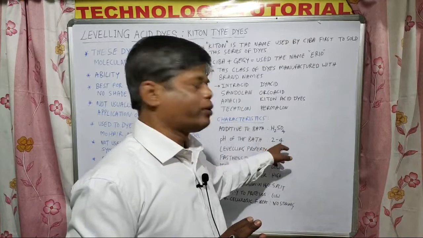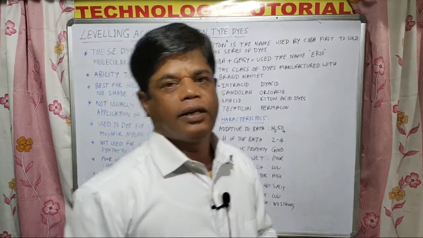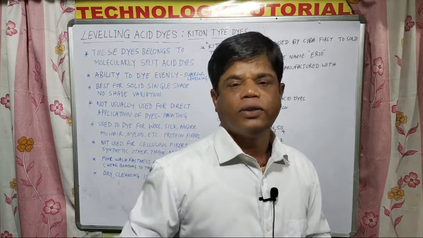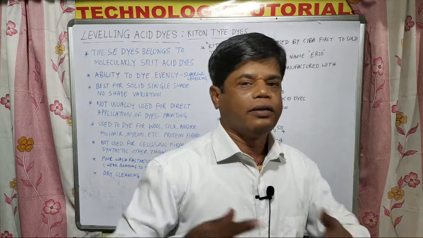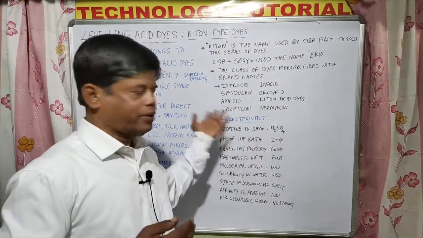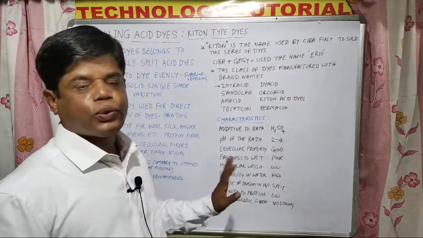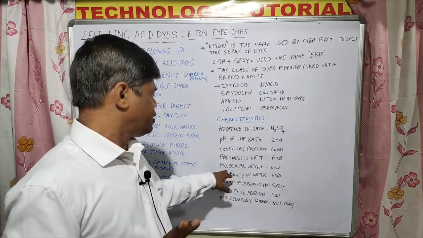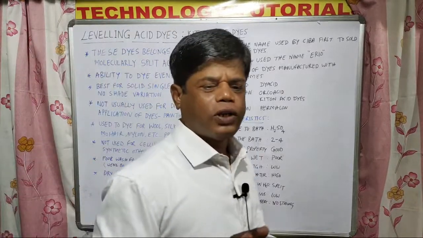Usually pH 2 to 4 is maintained. If acid is not there, the dyeing will not take place. Leveling property is good, since it is meant for leveling. Fastness to washing is poor. Molecular weight is low. Why is the molecular weight low?